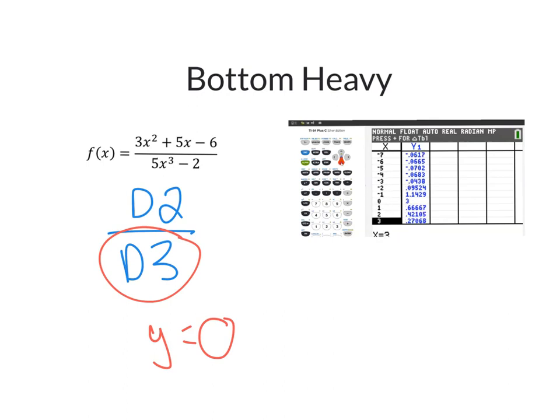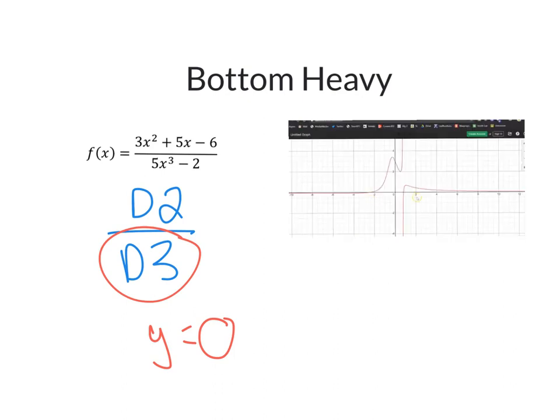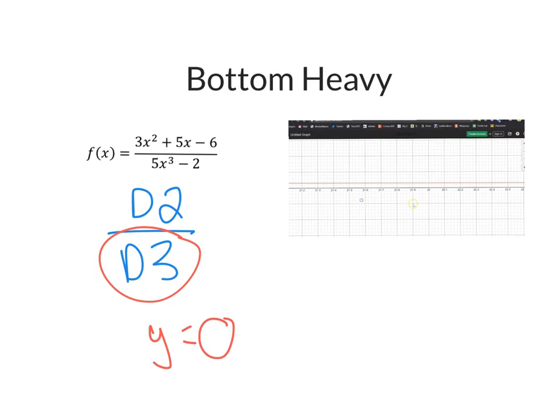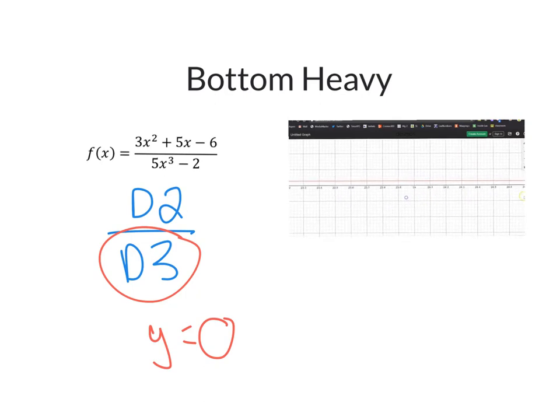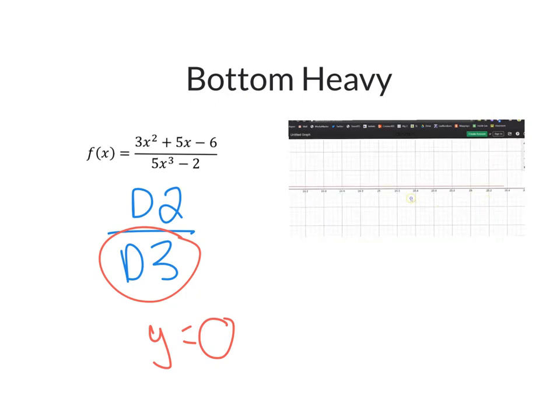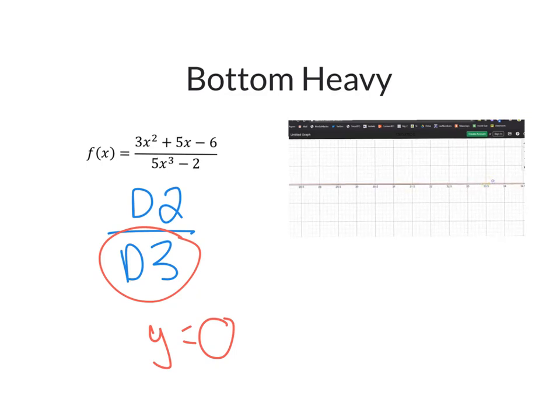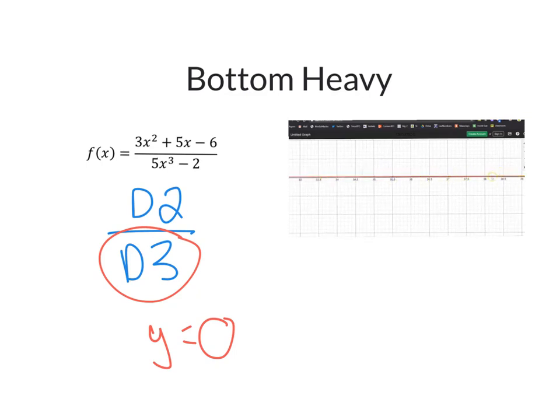And as I plug in larger and larger positive values, again, my y values are getting closer and closer to 0. Here's Desmos, where you can see that as I keep going towards positive infinity, my graph is getting closer and closer to 0. I'll back up, and you can see that even as I get larger and larger, my function approaches 0.